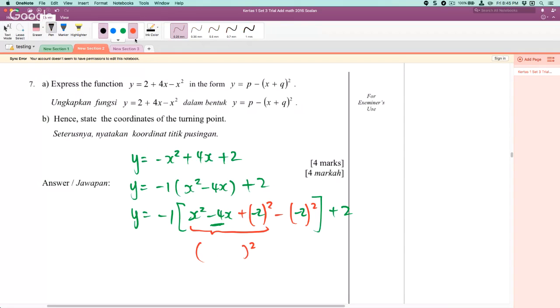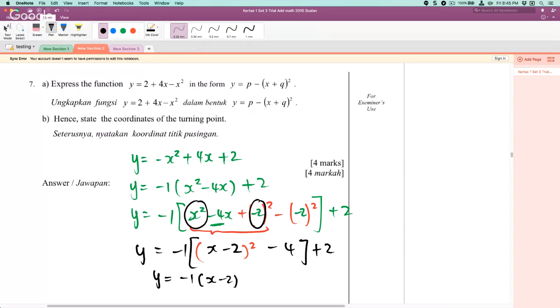The something is the first term and the last term without the square, so it's x minus 2. Negative 1 is still outside, and then minus 4 plus 2. One last step: I multiply negative 1 into it. So I get negative 1 times x minus 2 squared, and negative 1 multiplied into the negative 4, I will get positive 4, plus 2 is plus 6.